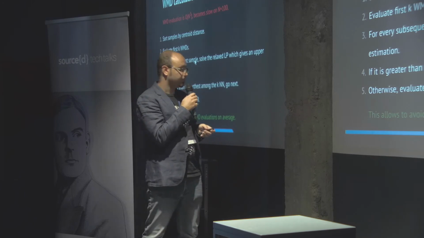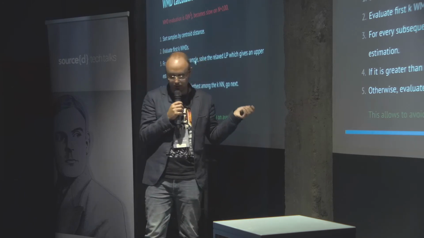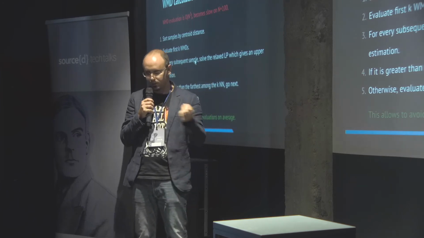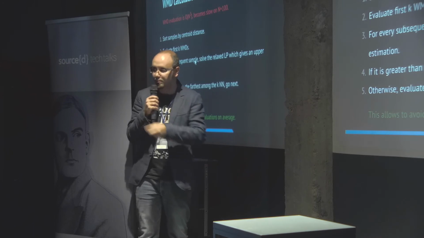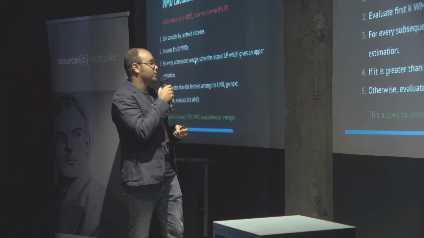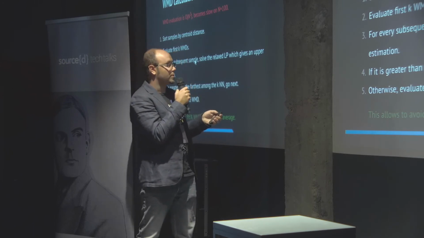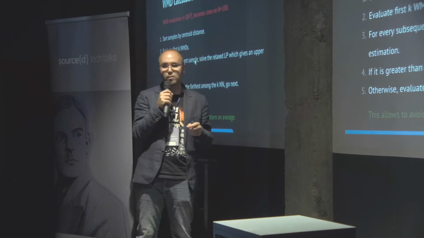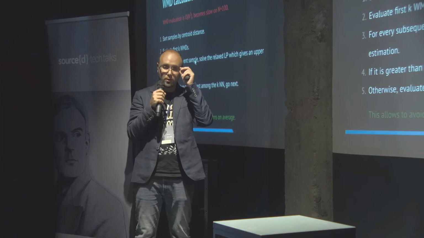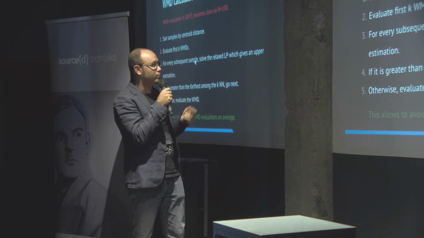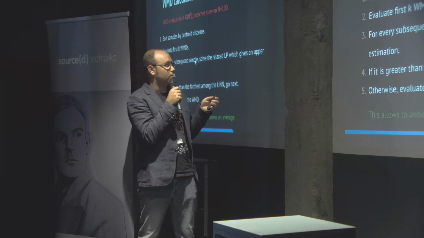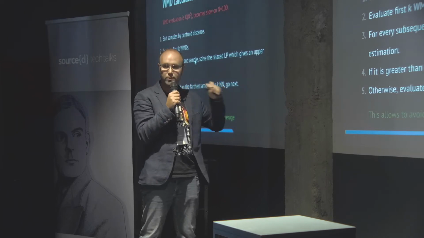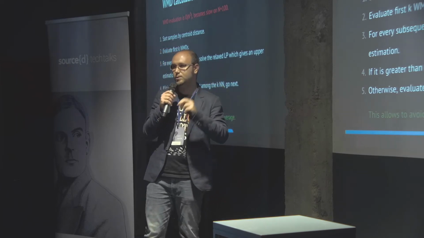Then you evaluate the first number of WMDs, corresponding to the number of neighbors you need to find. And then you use the second relaxation as an upper bound of your distance. A nice thing about WMD is that it has a relaxation which is always smaller than the actual distance.